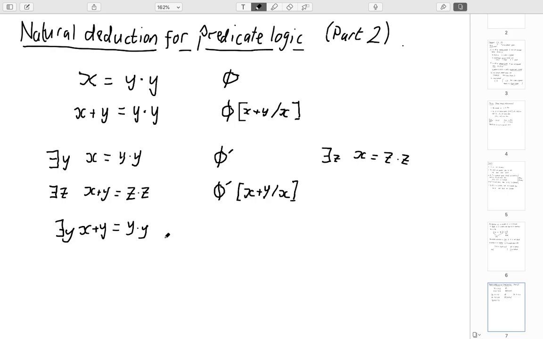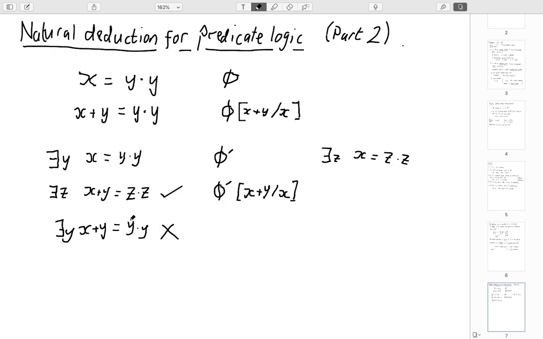So this is the wrong substitution here. Let's put a big cross by it. Looks like an X, but that's basically saying this is the wrong substitution. This is the right substitution. So the trick in general, that was supposed to be a tick. There we are.